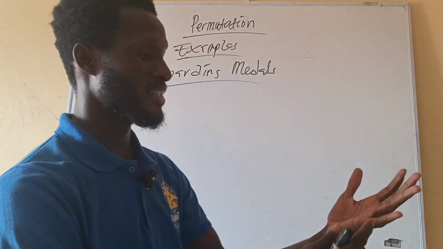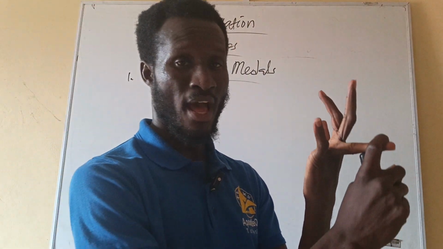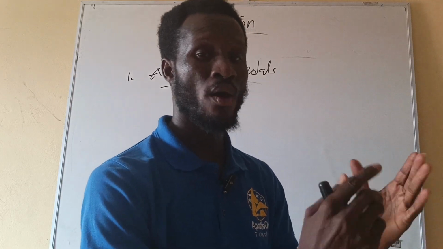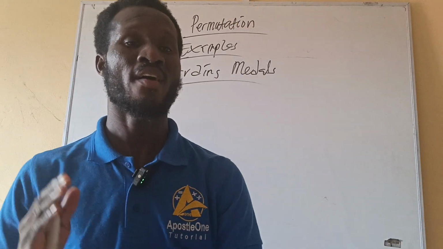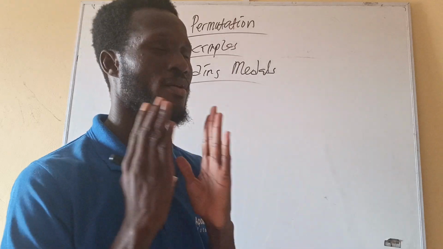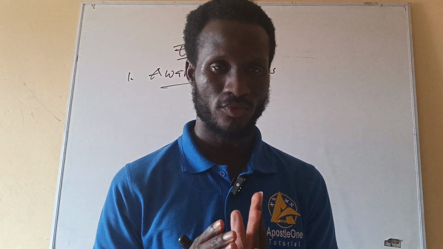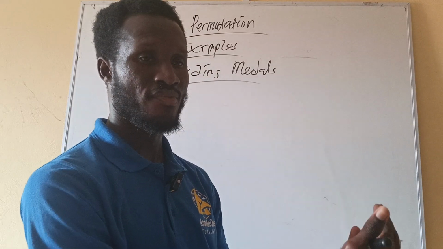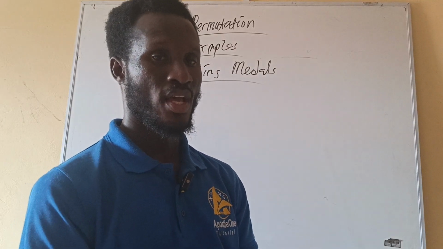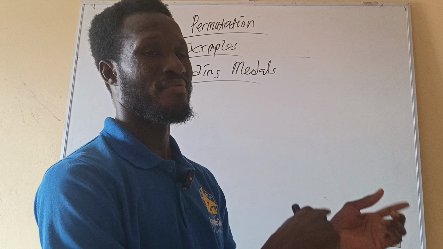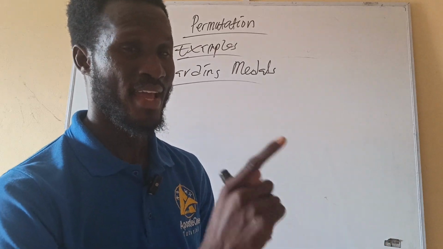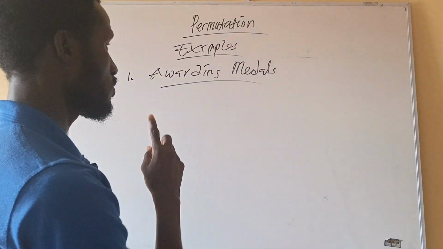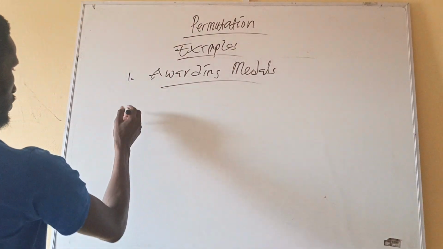Look at the person that places first, the person that places second, the person that places third. When they are awarded medals, gold, silver, and bronze, the order is very important. It's all about arrangement because you need to arrange first, second, third in that order. You can't change the first with the second. We use permutation to solve that.